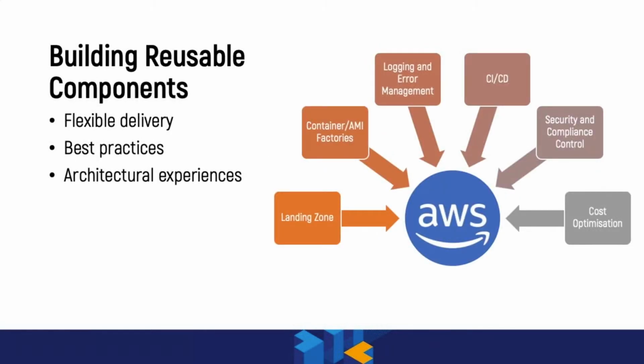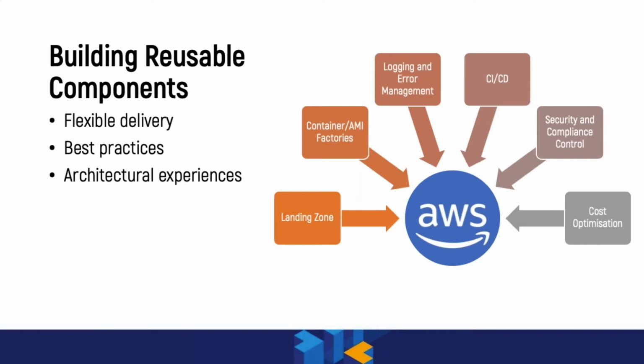So what I talked about just then was building reusable components, and that's something that we rely heavily on to be able to leverage great value for our customers. Whether that's landing zones or container factories or logging and error management, security and compliance control, cost optimization, these are all areas that we can look to plug into people's existing AWS environments and build out with Terraform and customize to the particular demands that the business has.